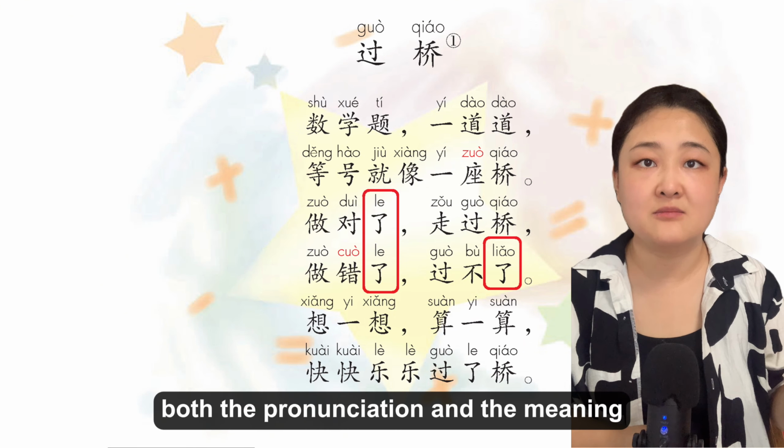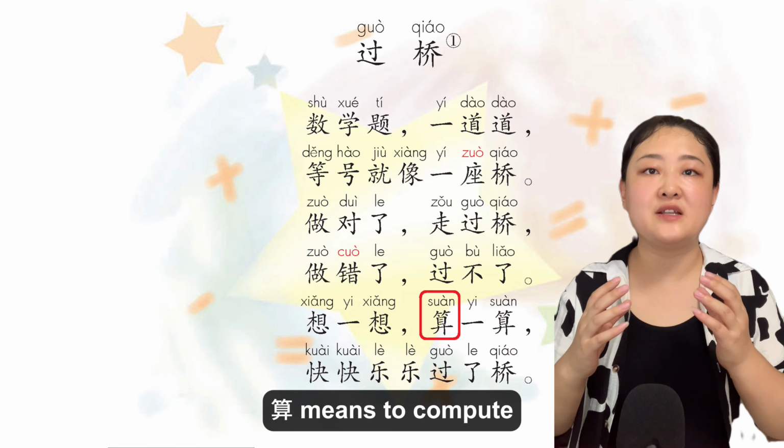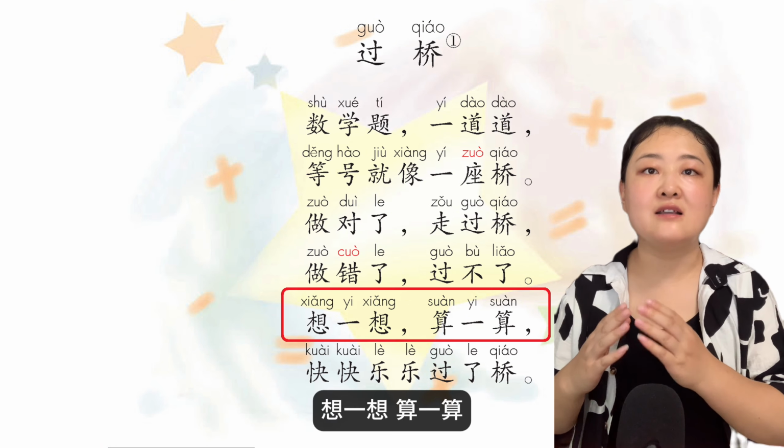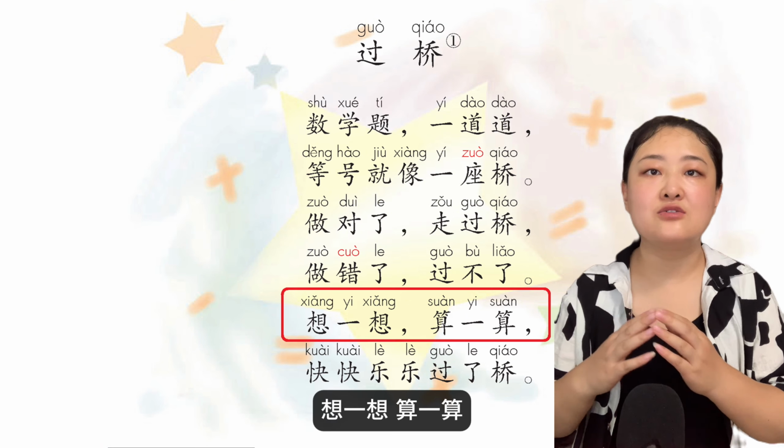And then the next line, 想一想,算一算. 想 here means to think over. And 算 means to compute or to calculate, to do the math. 想一想,算一算. Think about it, compute some more.